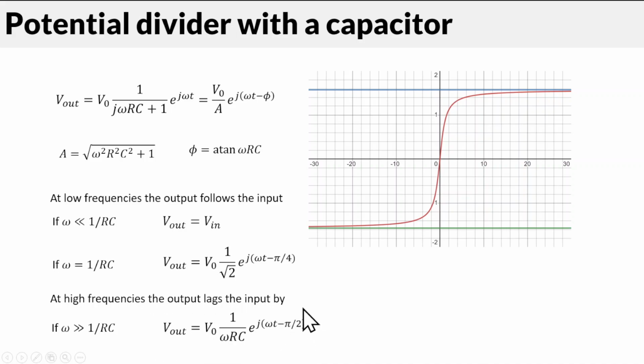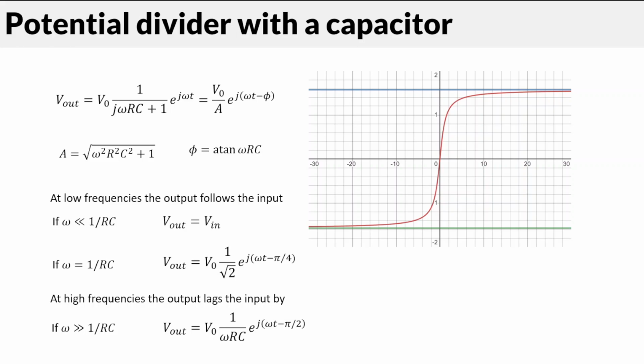So in the high frequency regime, we're going to have something that is getting progressively smaller as the frequency increases, because we've got 1 over omega here. So the output voltage is going to get smaller and smaller, and closer and closer to being pi by 2 out of phase with the input.